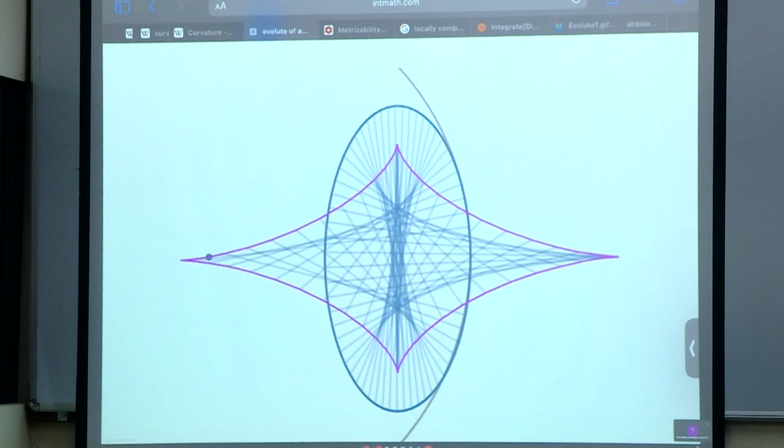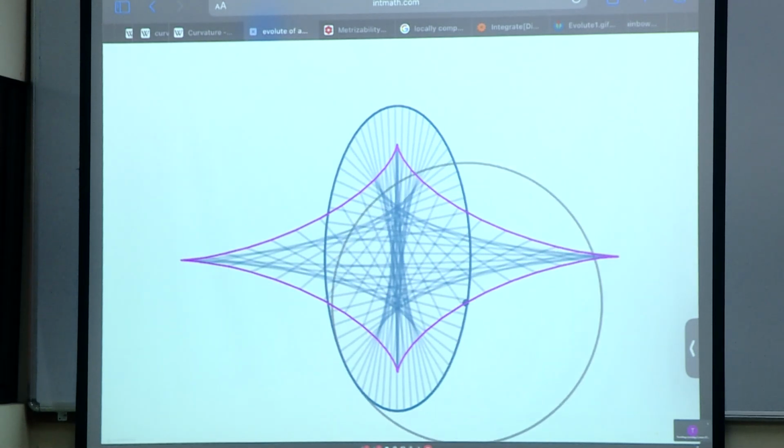And see these normals that are being drawn from a point on the asteroid, if you look at it very carefully, they are the radii of the corresponding circles of curvature. You just look at the picture carefully. The full normal is not drawn, only the normal from the point on the curve, which is the ellipse, up to the radius of curvature is drawn.